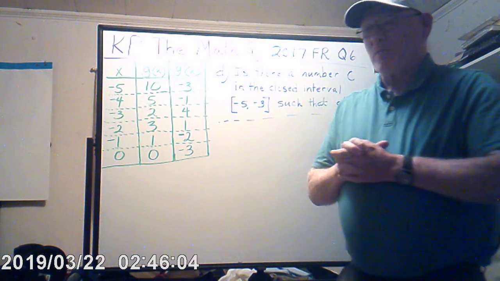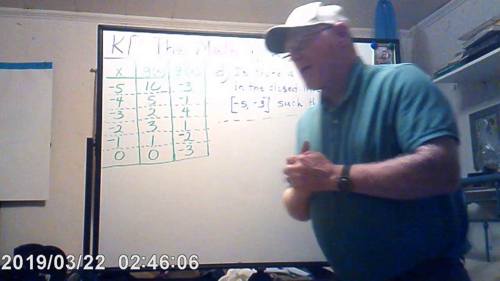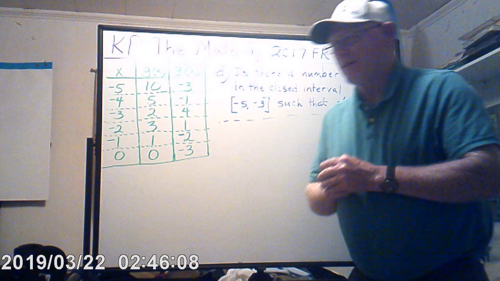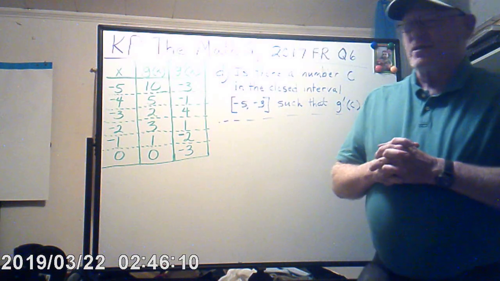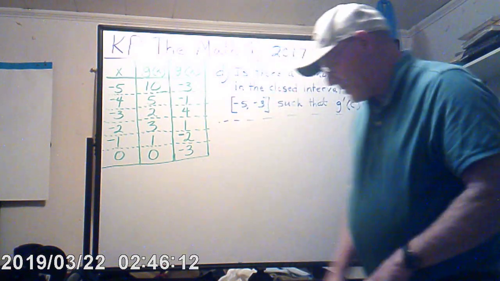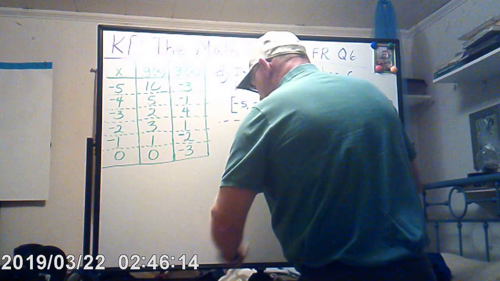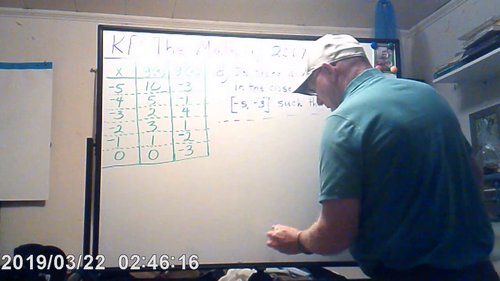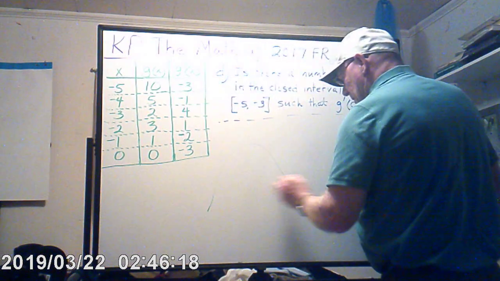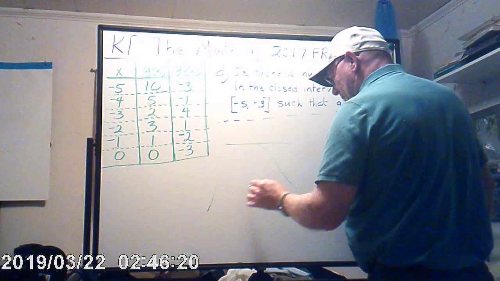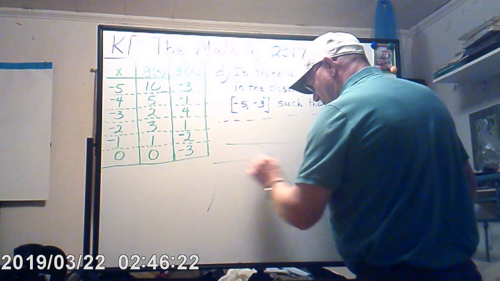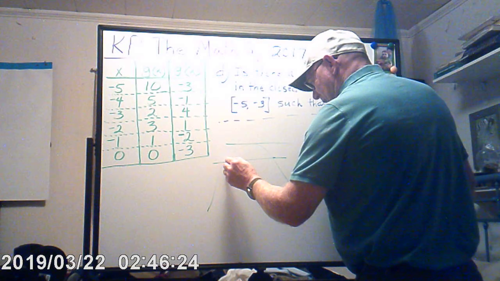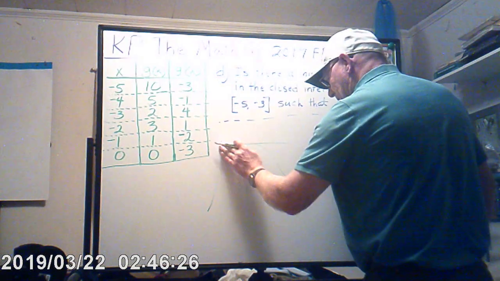This is the mean value theorem, and the mean value theorem has to do with two lines. You have a tangent line to a curve, like so, and then you have a secant line. Let's see here.